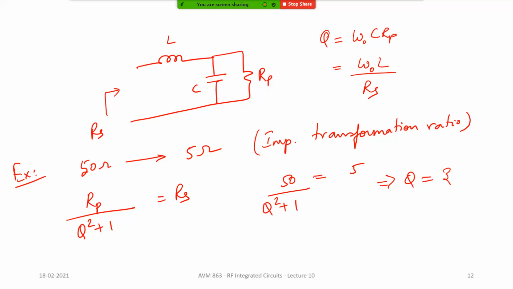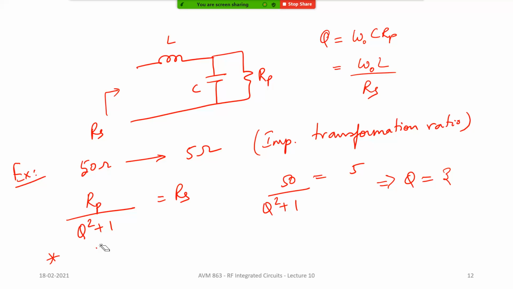But you cannot achieve it because if you set the Q based on the impedance transformation ratio, the Q of the overall network is already set. So that is the disadvantage. You have only one degree of freedom. Or rather, it's called two degrees of freedom.